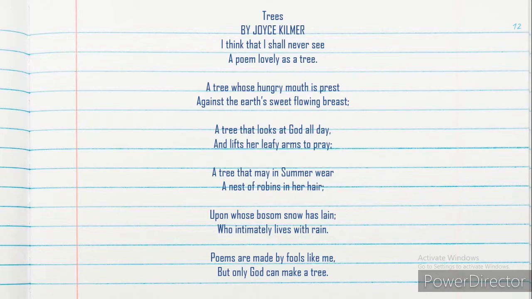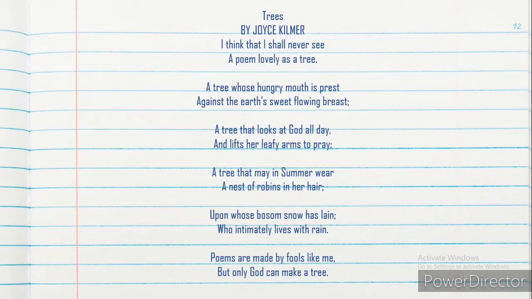I think that I shall never see a poem lovely as a tree whose hungry mouth is pressed against the earth's sweet flowing breast, a tree that looks at God all day and lifts her leafy arms to pray, a tree that may in summer wear a nest of robins in her hair, upon whose bosom snow has lain, who intimately lives with rain. Poems are made by fools like me, but only God can make a tree.